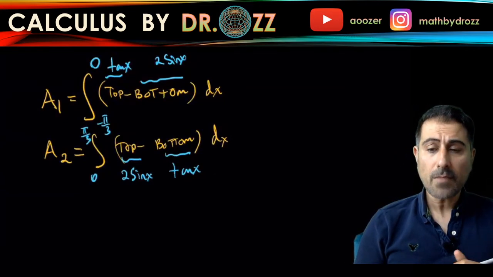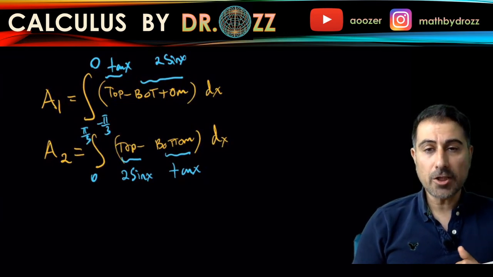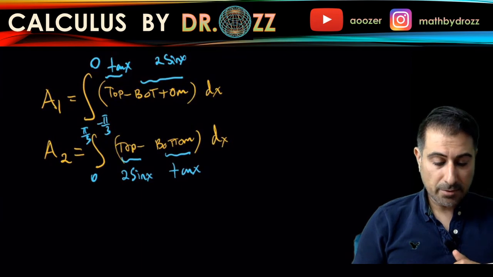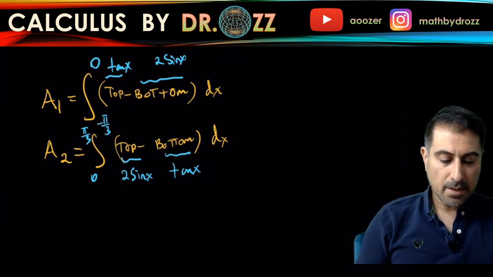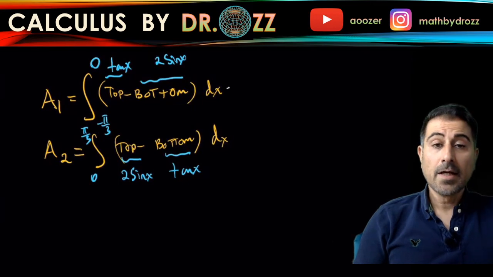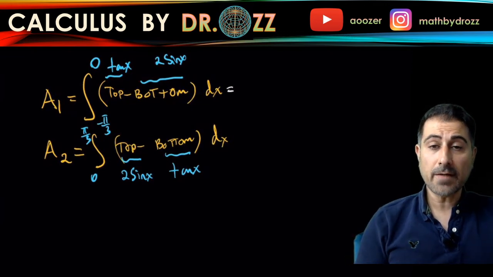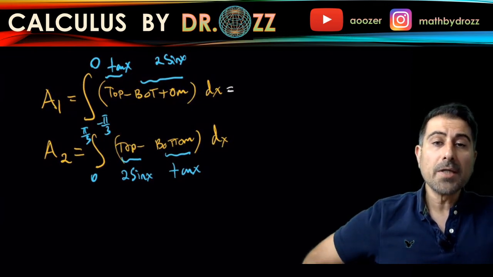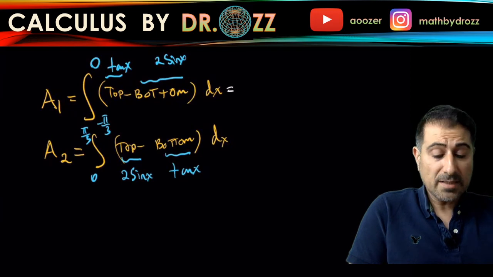All right. So my task now is to evaluate each integral. Okay, so let's try to do that. So you have tan x and 2 sine x. And if you have the derivatives and integrals formula card with you for the basic functions, that would be immensely helpful, because what I need is the integrals of tan and 2 sine x.